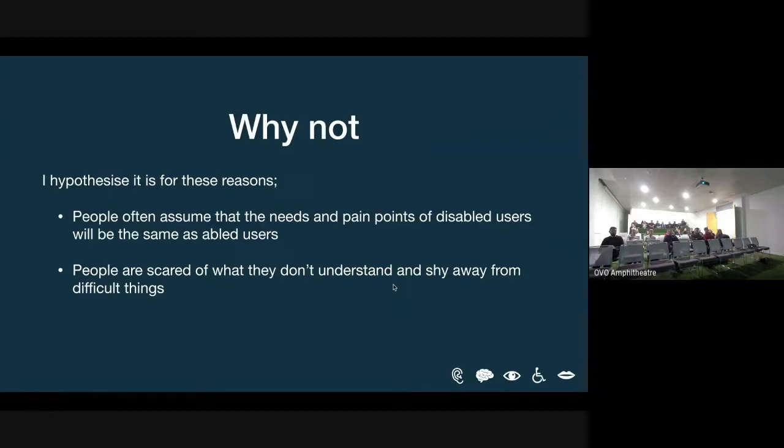But you don't assume that one set of particular characteristics of your abled audience is going to be identical to another set of characteristics of your abled audience. That seems odd to me, but I think it might be one of the barriers. And I also think people are scared of what they don't understand, or shy away from things that they think might be difficult.